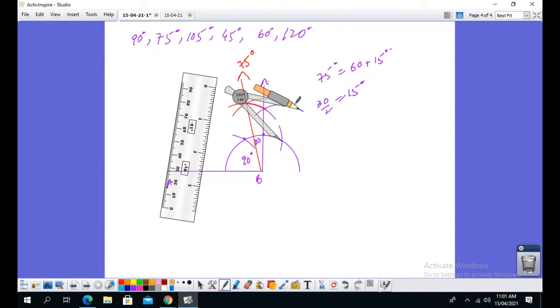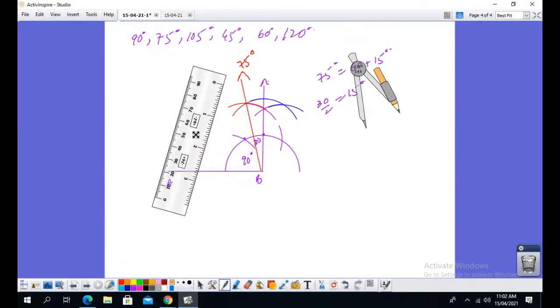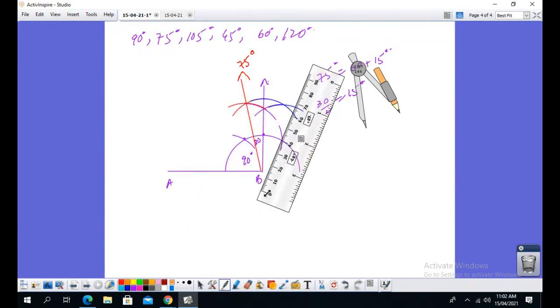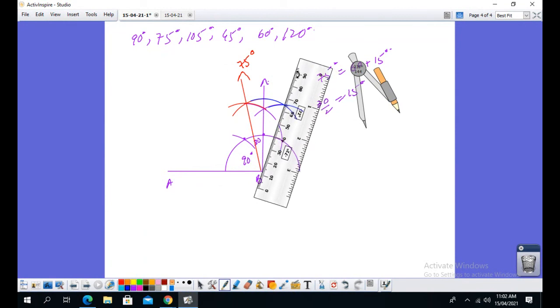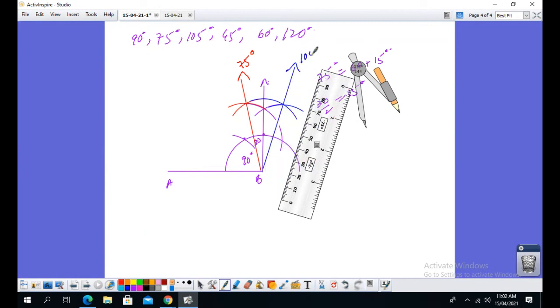We make an arc over here from 120, and then from 90 we have to draw arc, and then we join this point with this. We have angle of 105 degree, because angle of 105 degree is equal to 90 plus 15 degree, so we bisect this angle. This is of 30 degree.